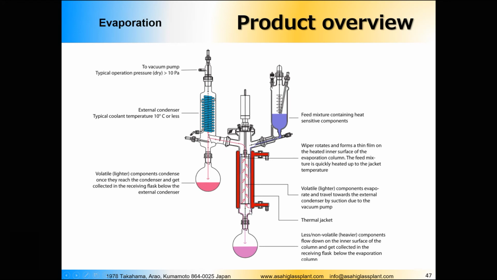So when it loses most of the solvent, the vapors of the solvent go into this condenser, condense here, and we collect them in the receiving flask. So the first disadvantage, well, let's start with the advantages.